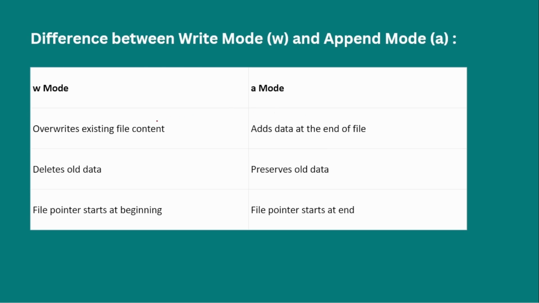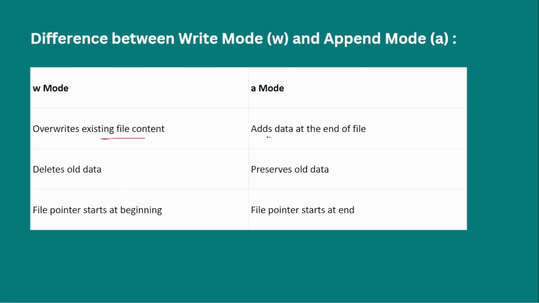Difference between write mode and append mode. In case of write mode, it overwrites the existing file. If the file is not there, it will create that file, but if the file already exists, it will overwrite the entire existing content. But in case of append mode, if the file is already present, then the data is not overwritten.